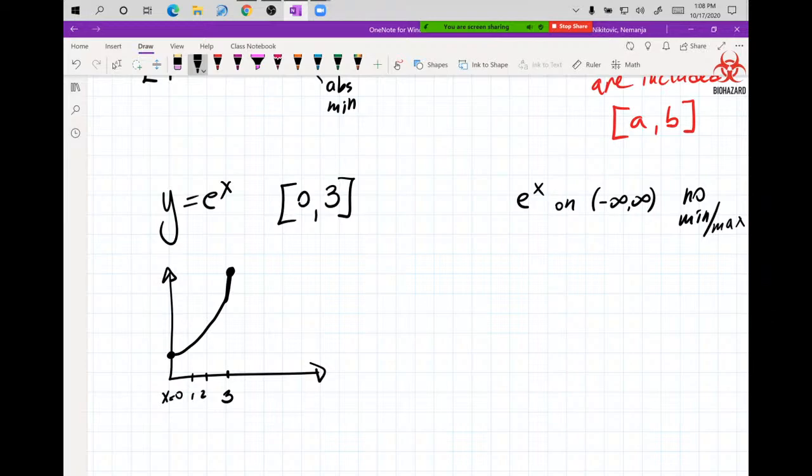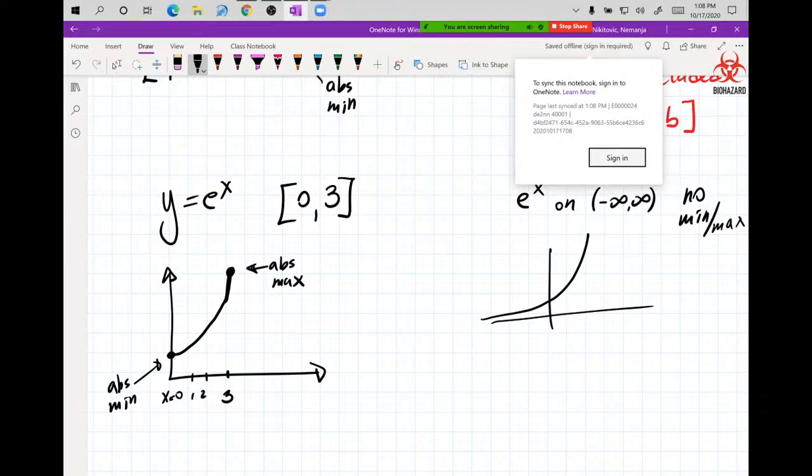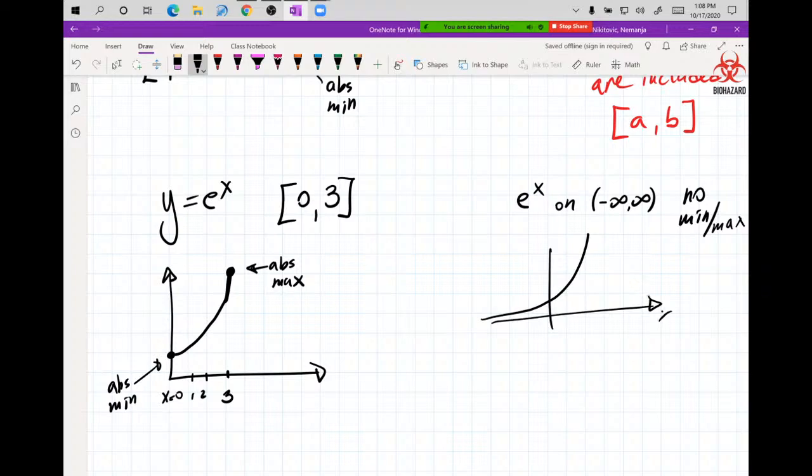And because it's that, here is your absolute min, and here is your absolute max on a function that originally had none of that stuff. It had none of that stuff because when you go to infinity, you never reach a point to stop and claim that's my max.